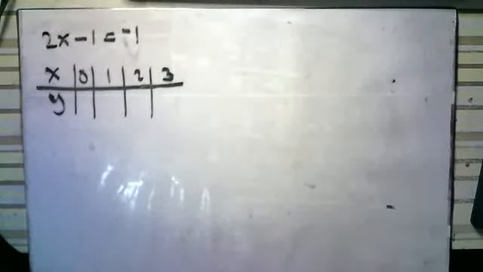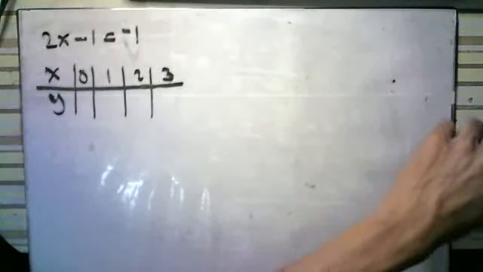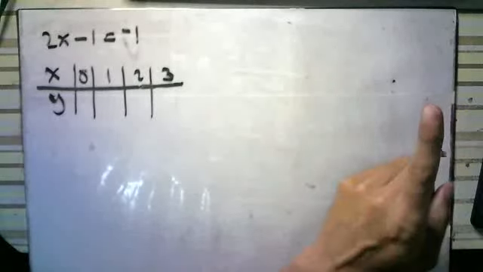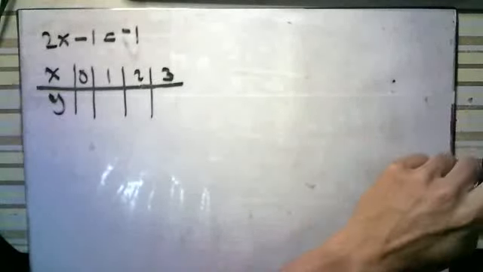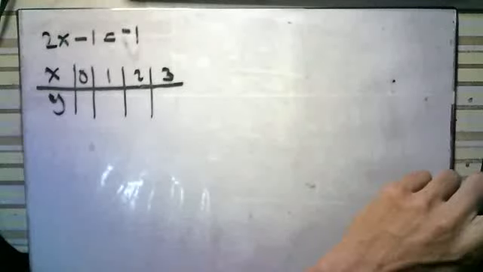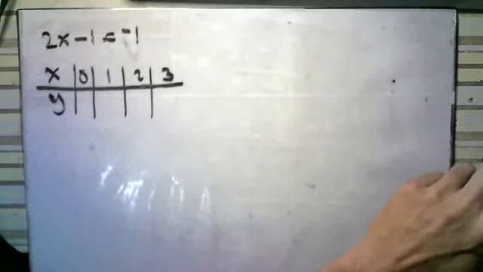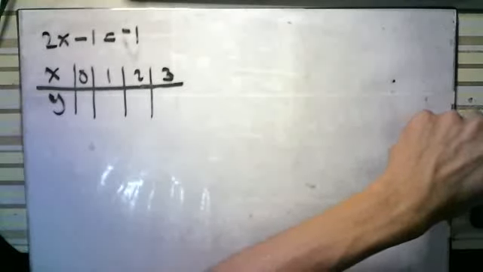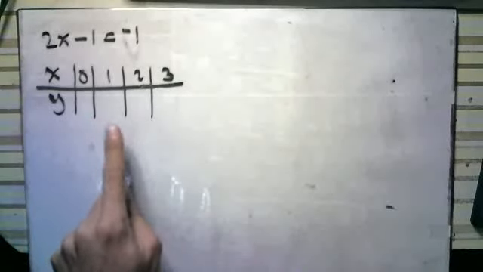Okay, so let's start your learning task 3. Learning task 3, activity A, nasabi ko na kanina, madali na yan. Learning task 3, activity B, ay almost the same ng kung ano ang sasabihin ko ngayon.